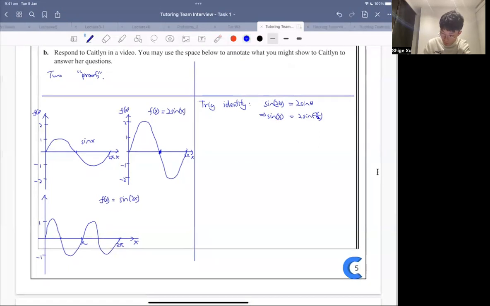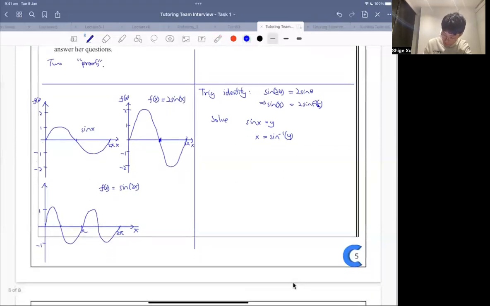Now, suppose we want to solve sine of x equals y. Then x is sine inverse of y. Right? And let's call it the base angle.